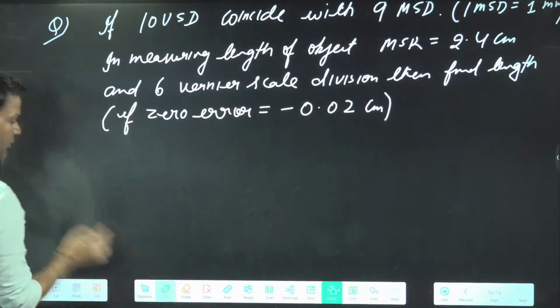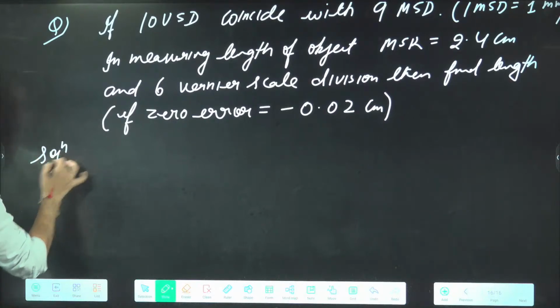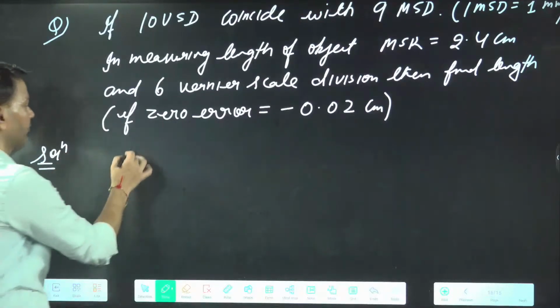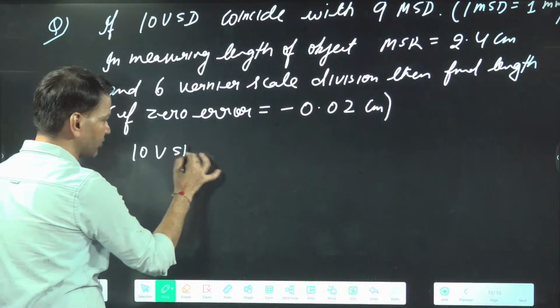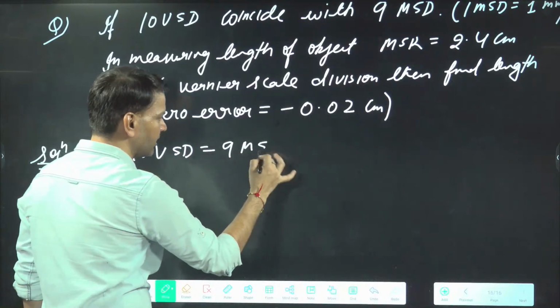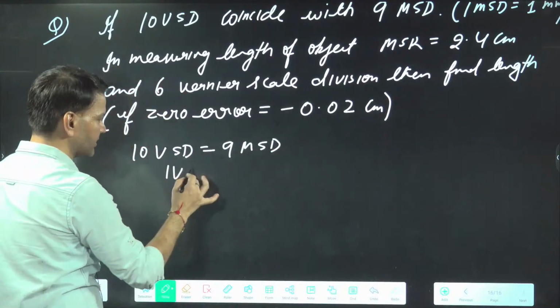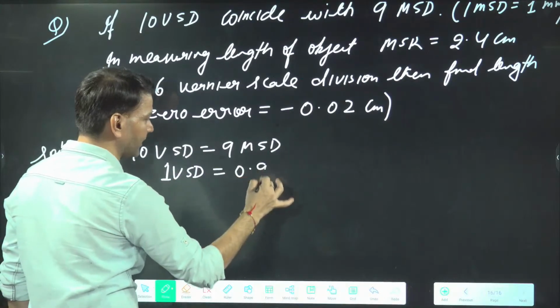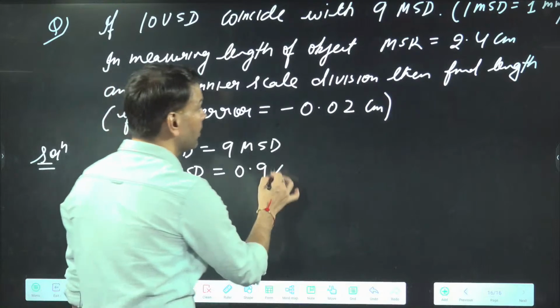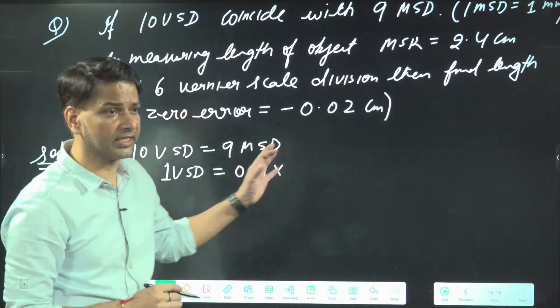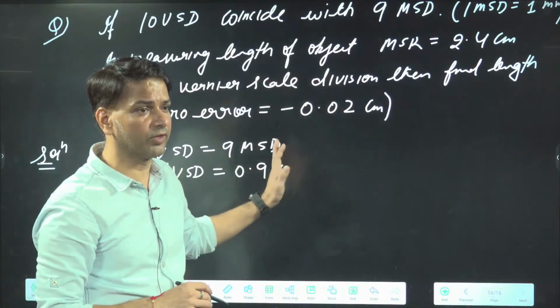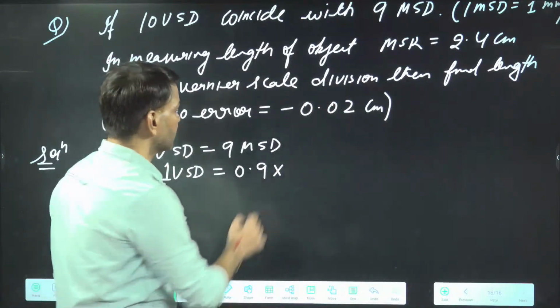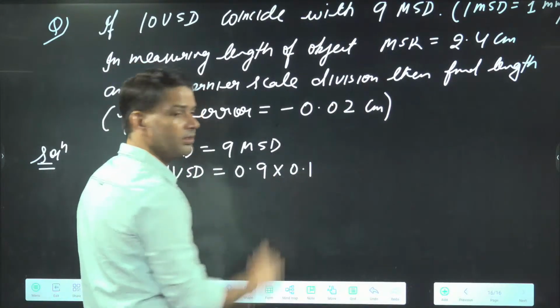So what is the least count we can find? 10 Vernier scale divisions are equal to 9 main scale divisions. Now 1 VSD I can say is equal to 0.9 MSD. MSD is 1 millimeter, but all other data they gave in centimeter, so we will convert into centimeter. 1 millimeter is 0.1 centimeter.